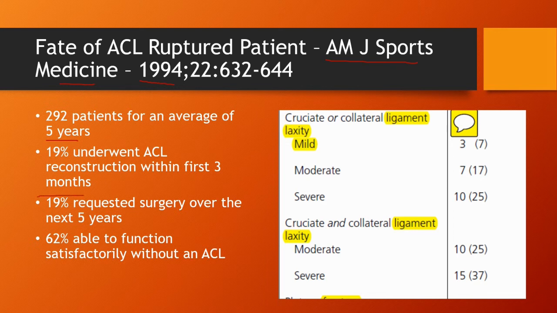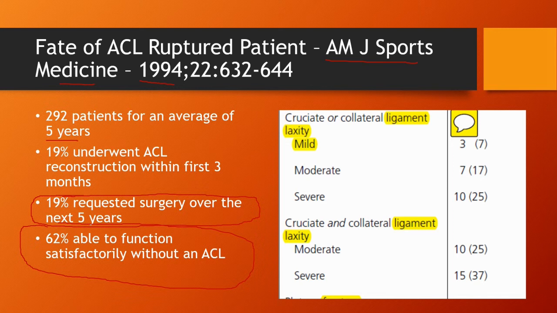And the reason they requested surgery was because of adverse impact of this condition on their activities of daily living, particularly adverse impact on their ability to return to sporting activities. Well, the remarkable finding from this study is that 62% were able to function satisfactorily without an intact anterior cruciate ligament.